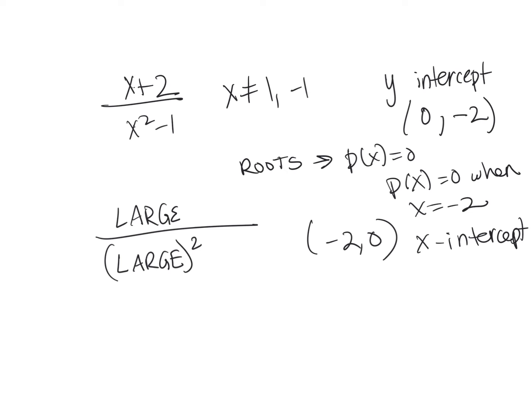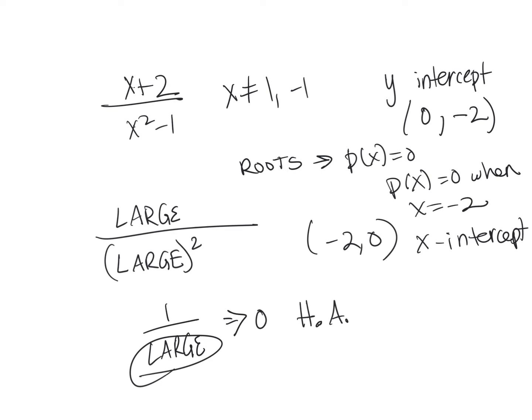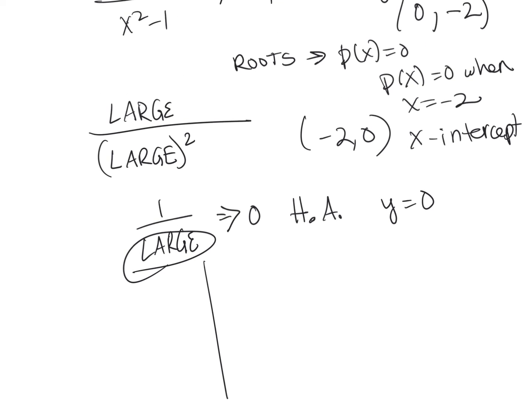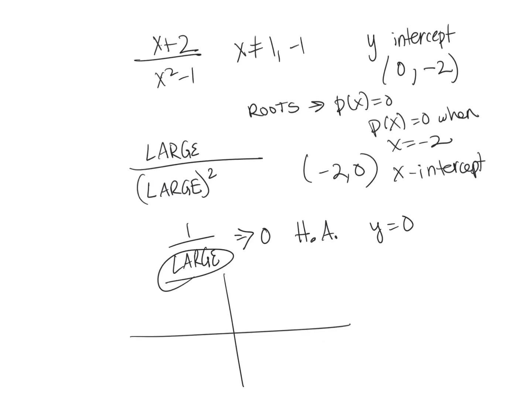Large over large squared is just 1 over large. And when you take 1 and you divide it by something very large, that goes to 0. Okay? So you're going to have a horizontal asymptote, which we also write as HA for shorthand, at y equals 0.